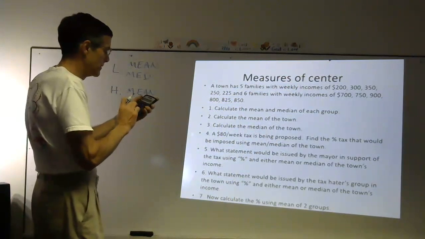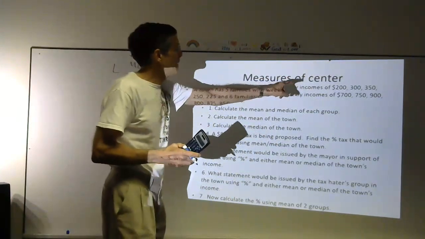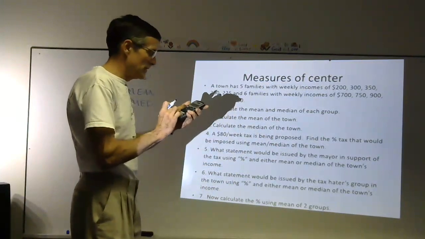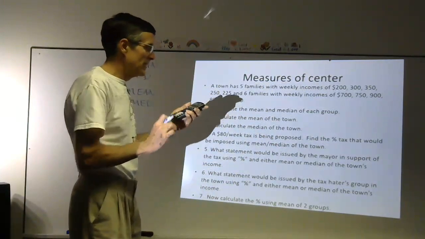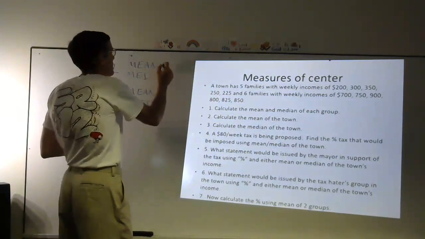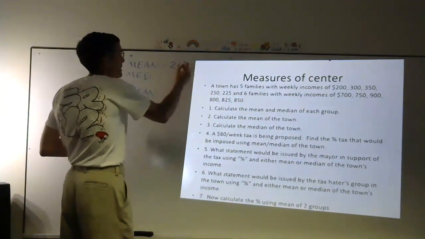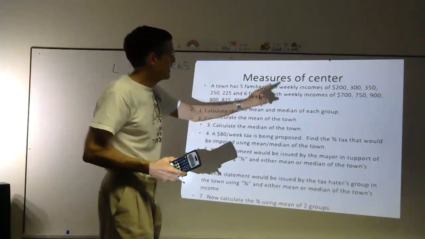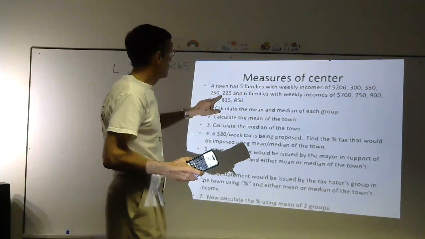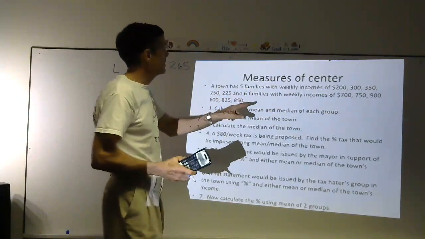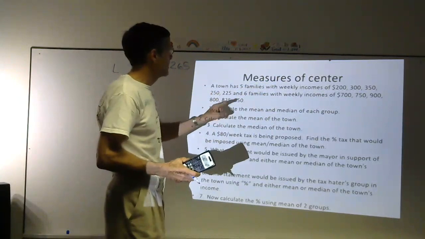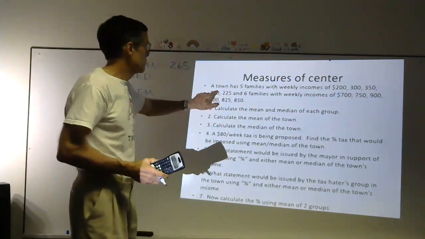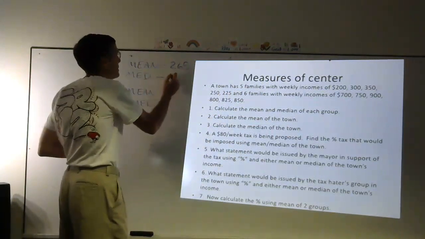Let's do that again. 500, 850, 1,100, 1,325. 1,325 divided by 5, so the mean is 265. Okay, how about the median? If you put these in order, it's going to be 200, 225, 250, 300, 350. The one that's in the middle, 250, is dead in the middle, so the median is 250.